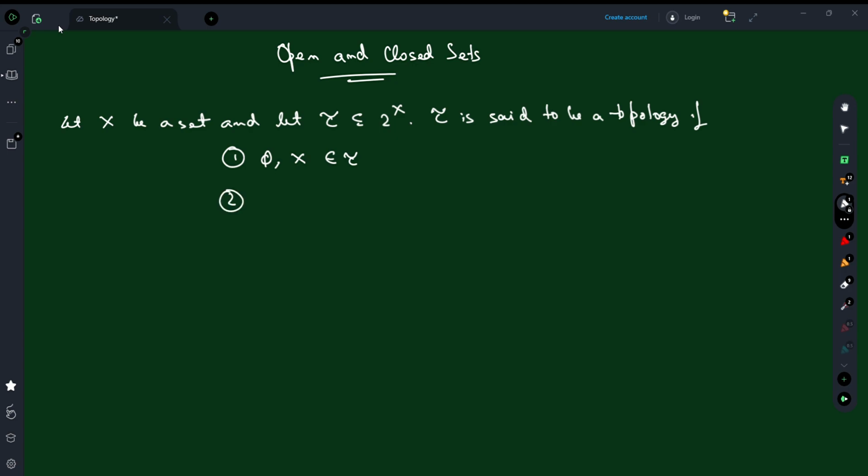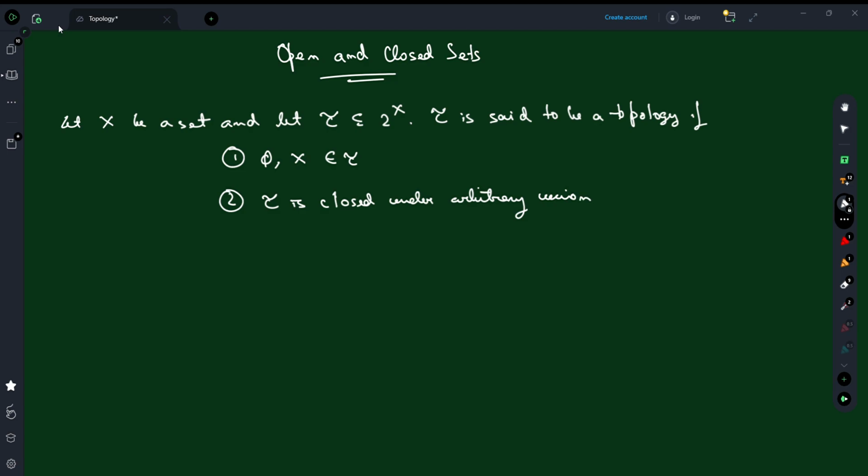Number two, tau is closed under arbitrary union. What do we mean by tau being closed under arbitrary union?